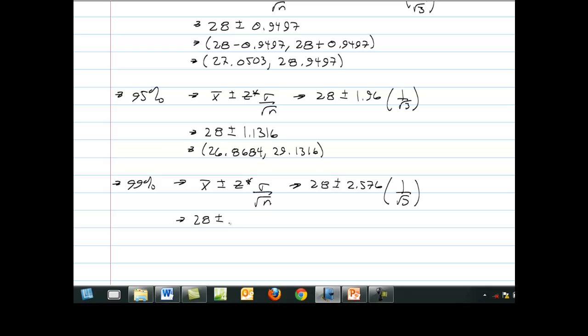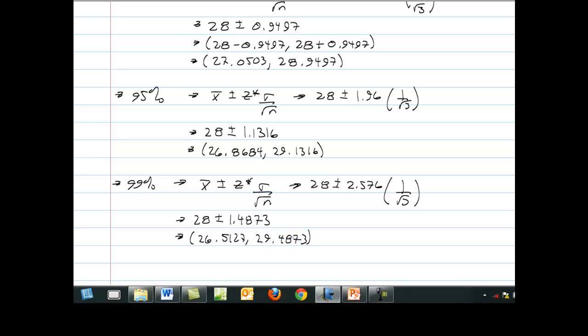So to find that margin of error, I have 2.576 divided by the square root of 3, and I get 1.4873. So I have 28 minus 1.4873, which gives me a left endpoint of 26.5127. Of course my right endpoint will be 29.4873.